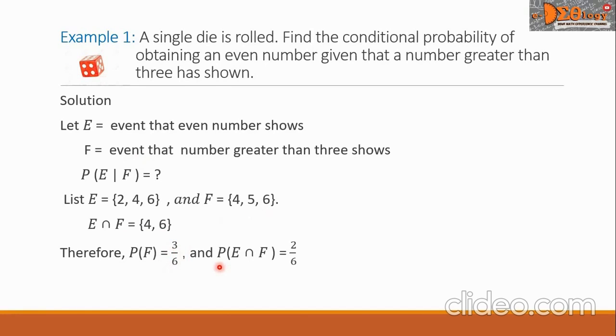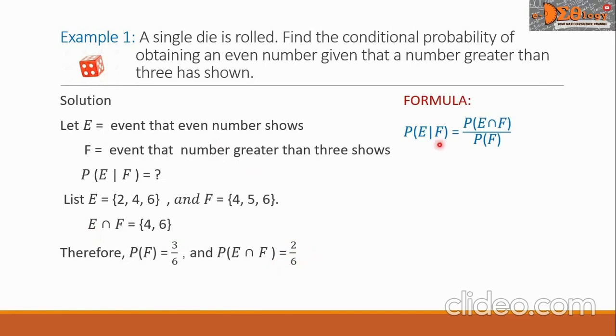Next, the probability of E intersect F is equal to 2 over 6. We write here 2 because there are 2 elements in the E intersect F. Again, we write 6 in the denominator because there are 6 elements in the sample space.